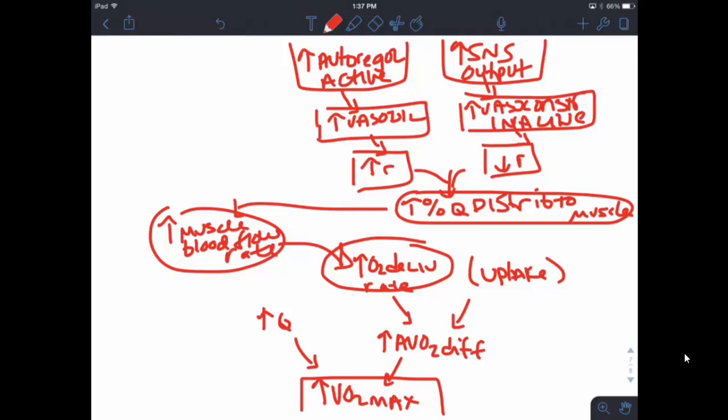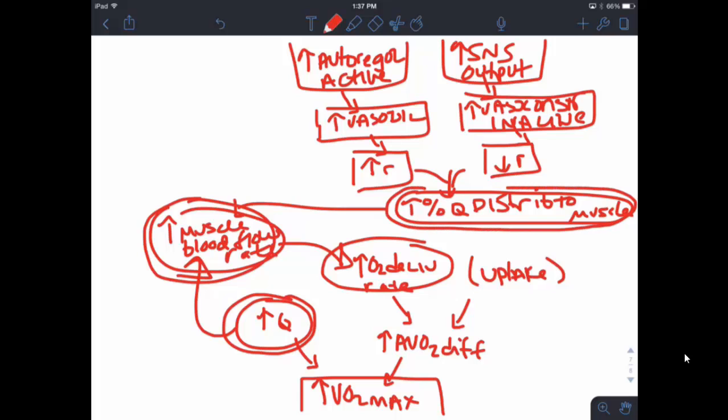which is going to result in more oxygen delivery rate. Okay, and remember, this cardiac output also comes in here. Okay, so the reason why the muscle is receiving more blood flow is because there's more blood to distribute, and a greater percentage of it is being distributed to the muscle. Okay, so an increase in muscle blood flow rate means, and what's in that blood? Oxygen, which means a greater oxygen delivery rate, greater AVO2 difference at max, greater VO2 max.